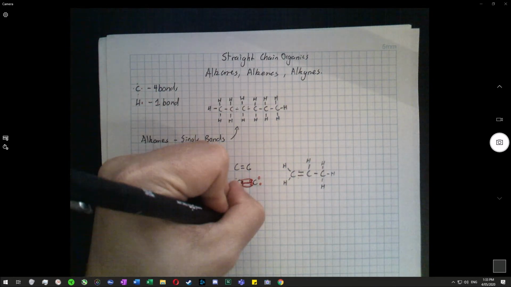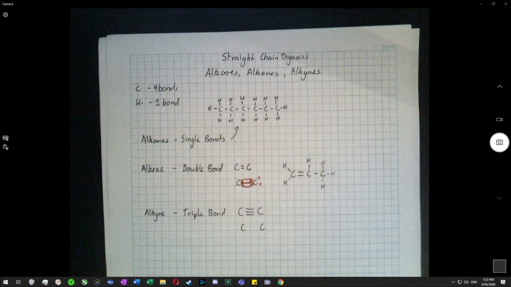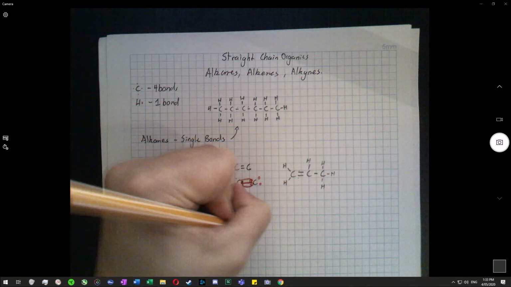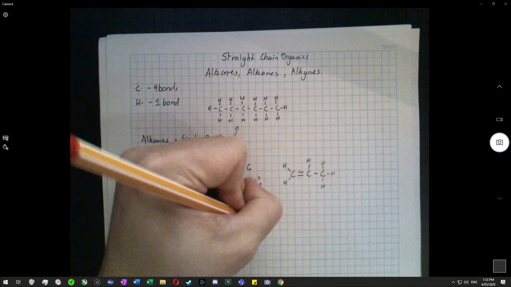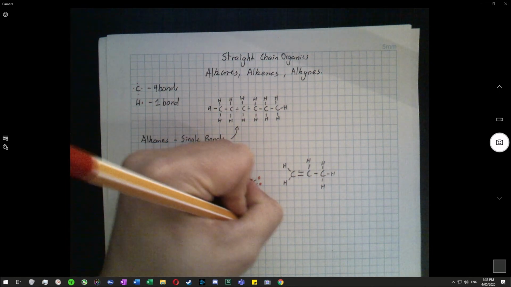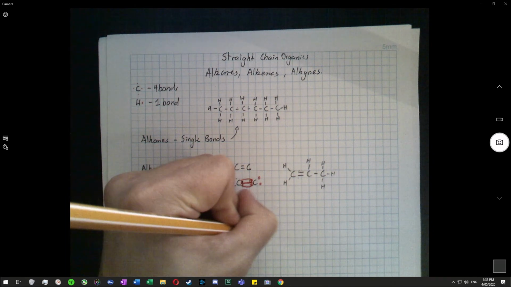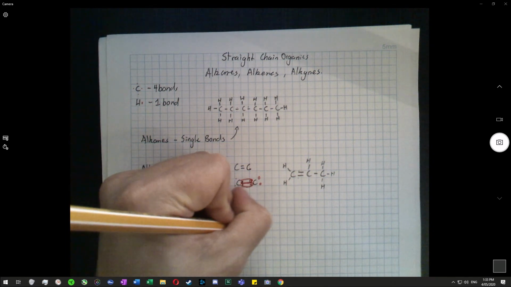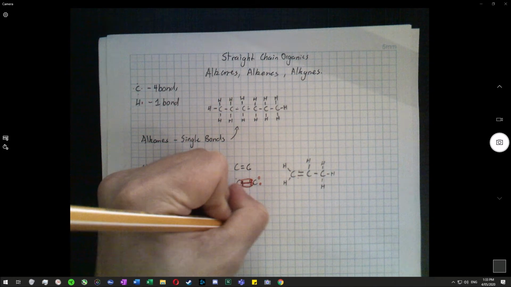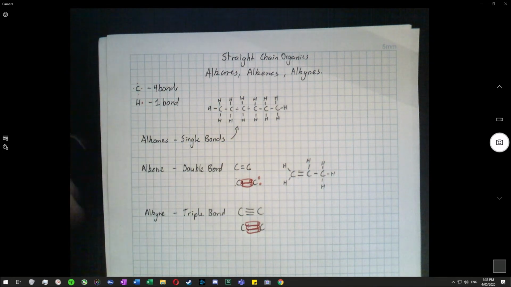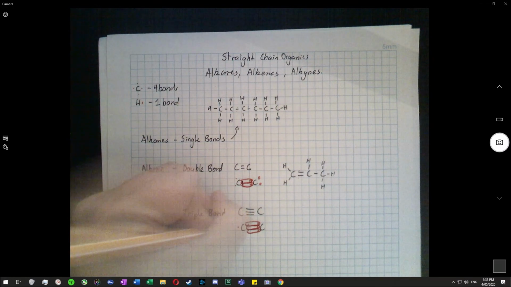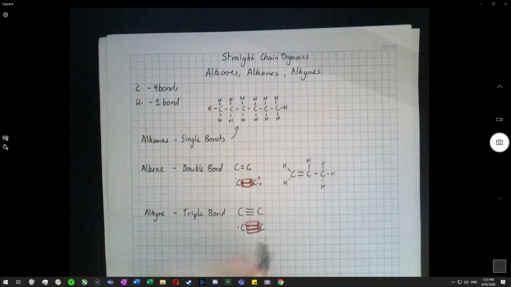If I was doing a Lewis dot structure, that would mean that the carbon on the left is offering up 3 electrons, and the carbon on the right is also offering up 3 electrons, and they form 3 covalent bonds. This carbon over here has 1 electron left, and this carbon here has 1 electron left as well, and they can be used for other bonding too.